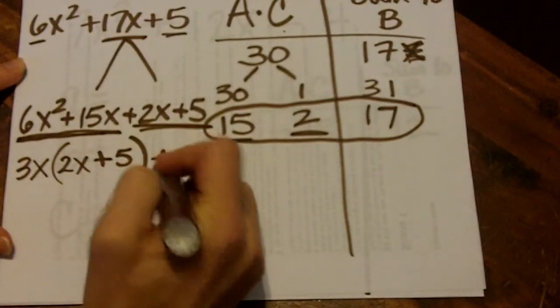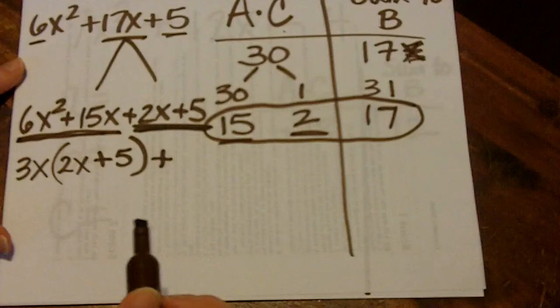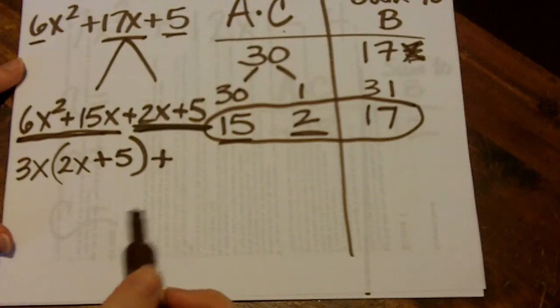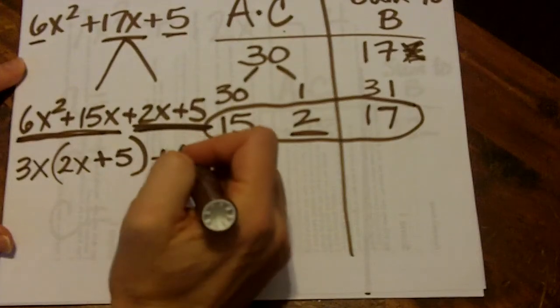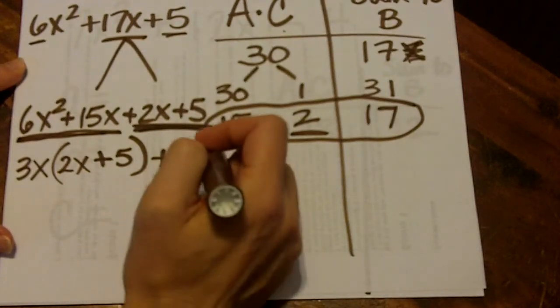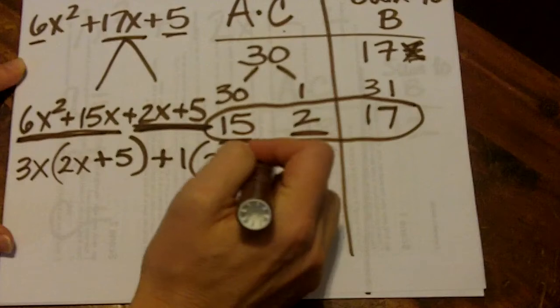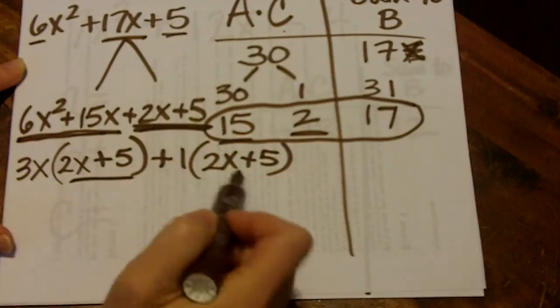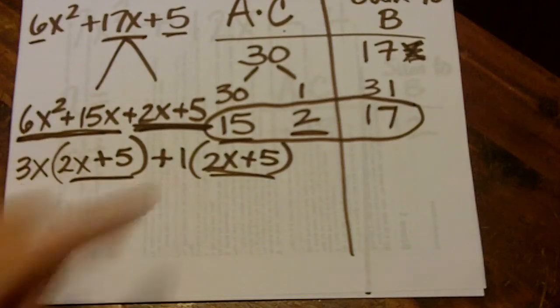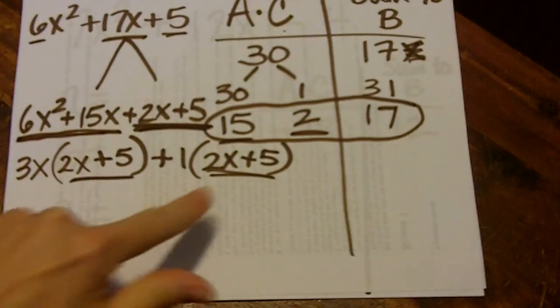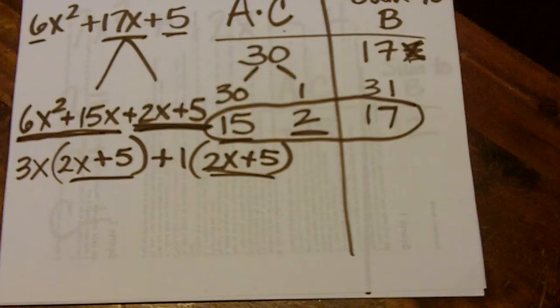Then we're going to put a plus sign and we're going to look at this next set. Okay? Now we look at 2x plus 5 and there is no GCF except for 1, right? So we're going to go ahead and pull that 1 out. And you can see that I now have both of them. Both of my GCFs are now being followed by the exact same set of parentheses.